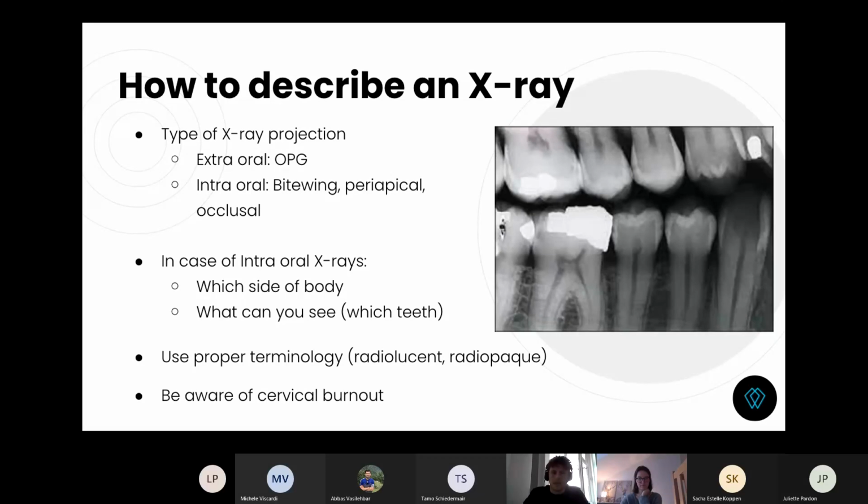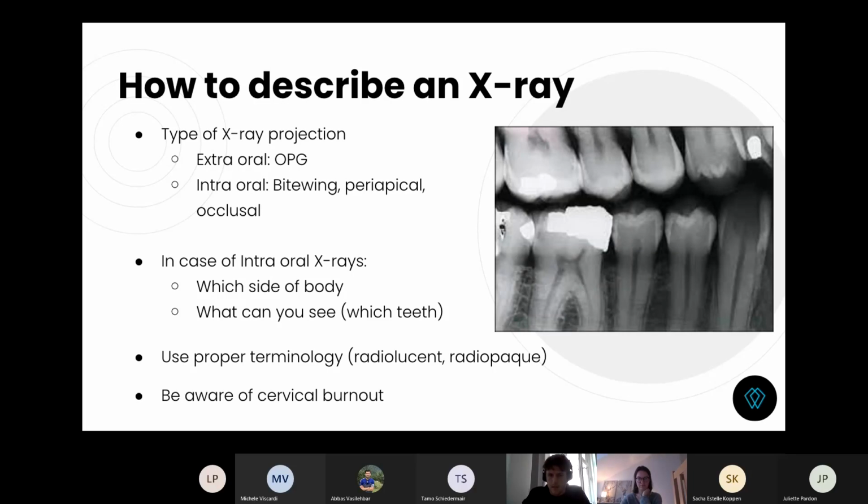I put this as an extra point because I often diagnose caries where there was no caries in the beginning. If you look at this picture, you see the cervical burnout really well at the cervical areas of the lower teeth. You see kind of a radiolucent, dark shadow overlapping directly over the edge of the alveolar bone.